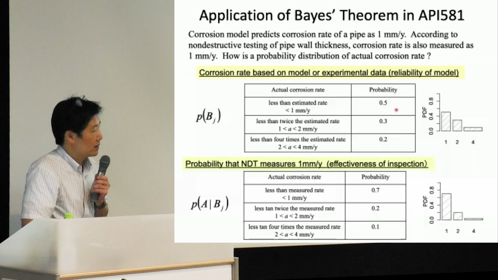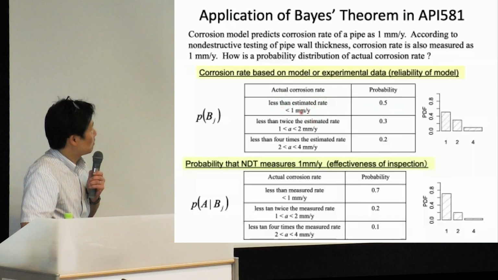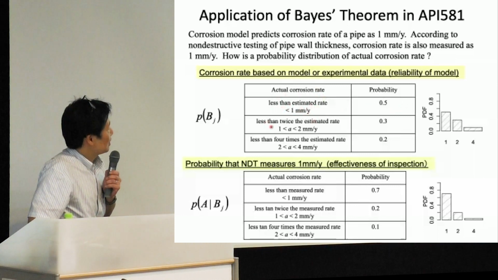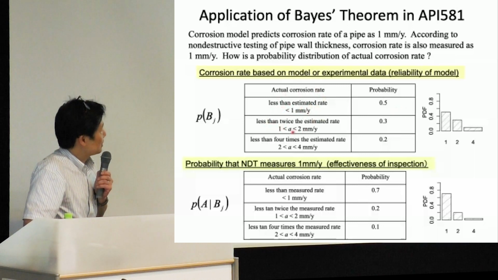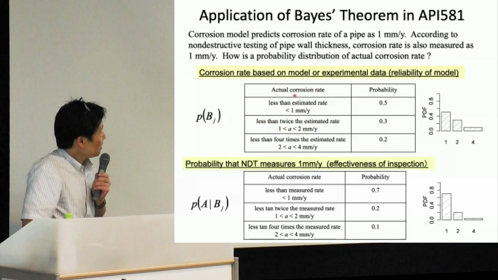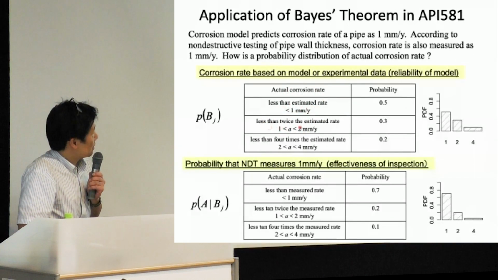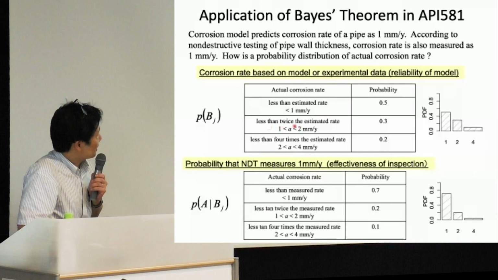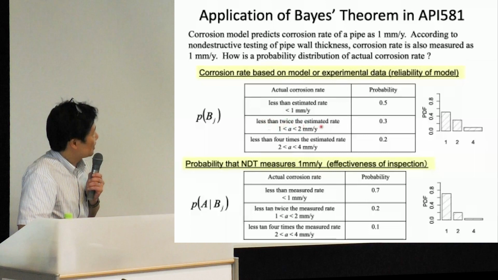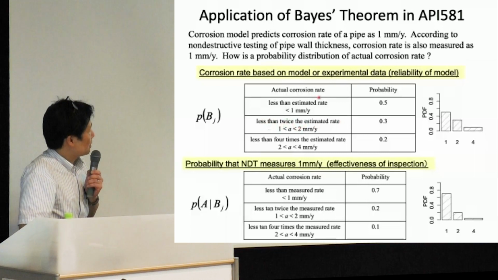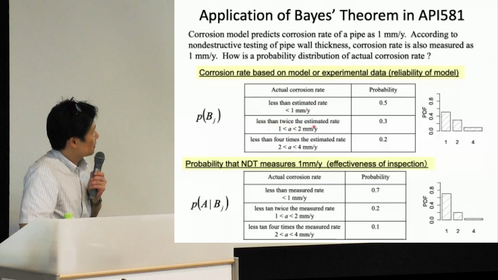It's a very rough model. And if the model gives a wrong result, let's say the actual corrosion rate is more than twice the estimated rate, in this case the model is not conservative.